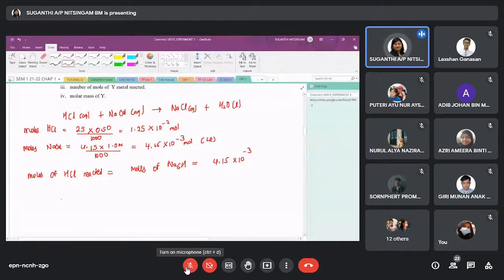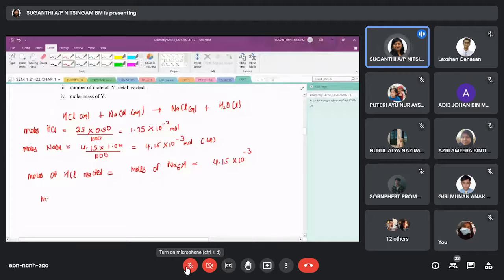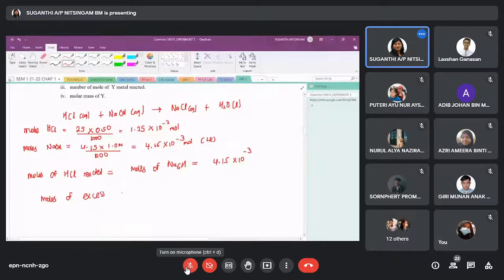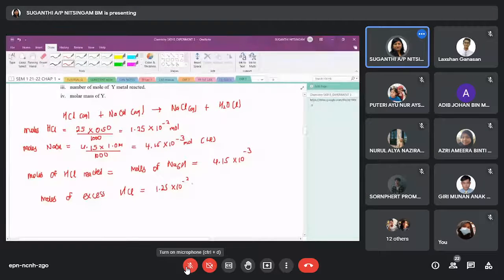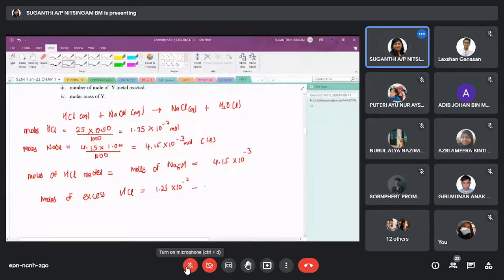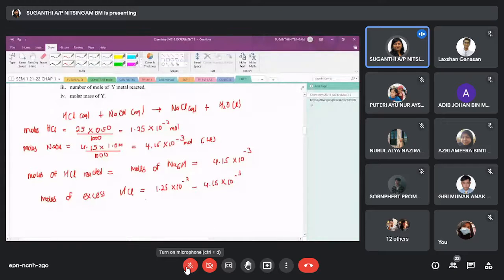So sekarang kita boleh cari moles of excess HCl, iaitu 1.25 times 10 negative 2 tolak dengan 4.15 times 10 negative 3. So kamu dapat berapa?